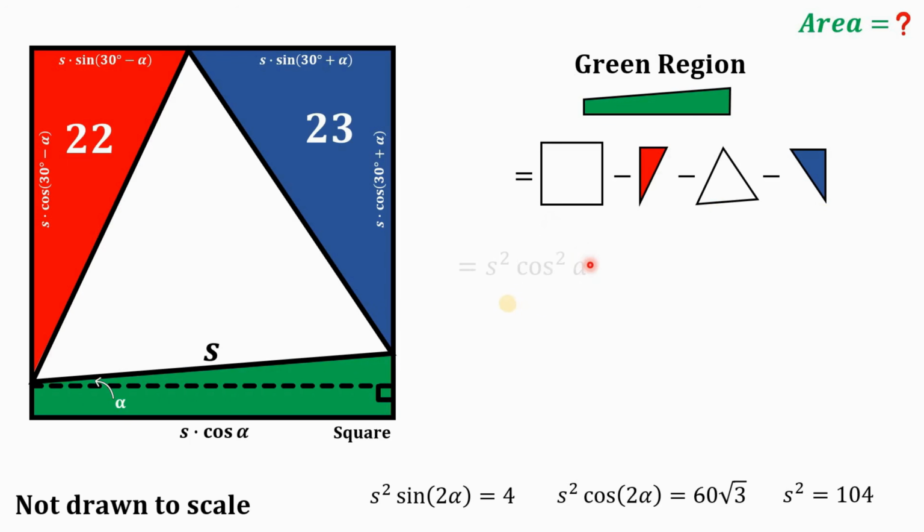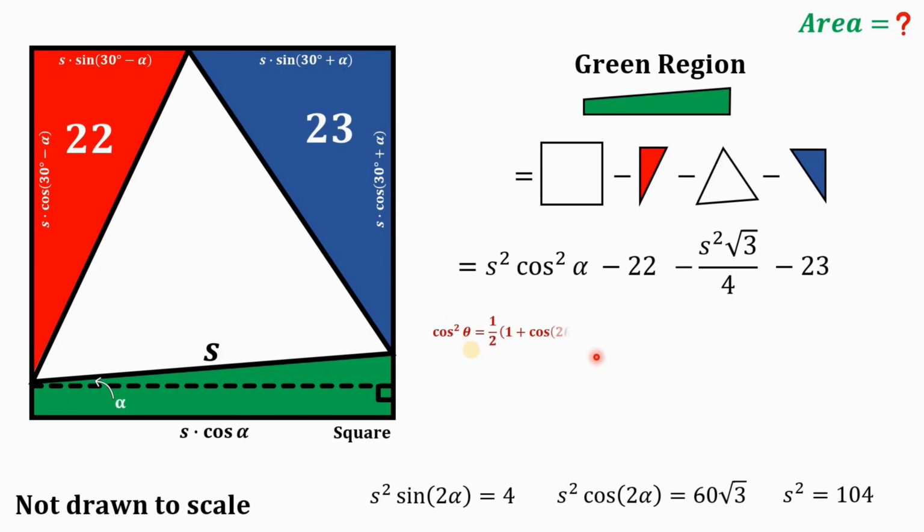And the area of the square is simply equal to s squared times cosine squared alpha because the side length is s times cosine alpha. This red triangle is 22. The equilateral triangle's area is s squared times square root of 3 over 4, minus the area of the blue triangle, which is 23. Now, we have the value for s squared, so there's no problem at all. But we don't have the value for cosine squared alpha.